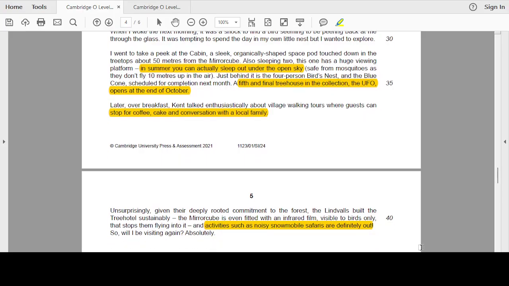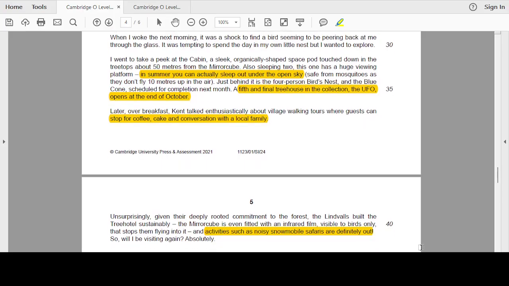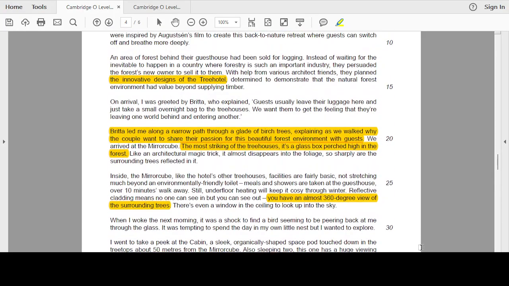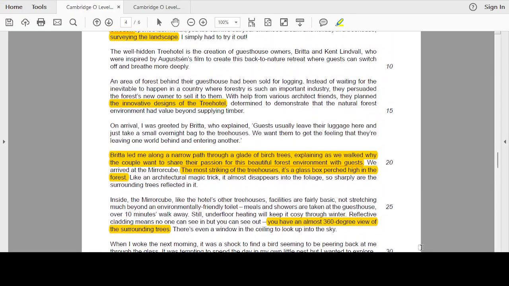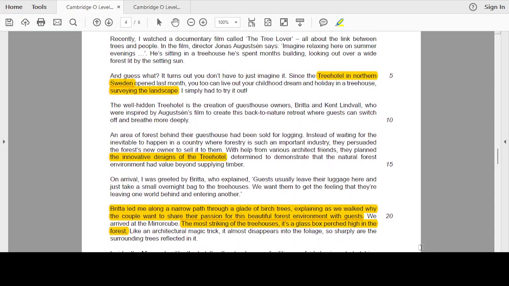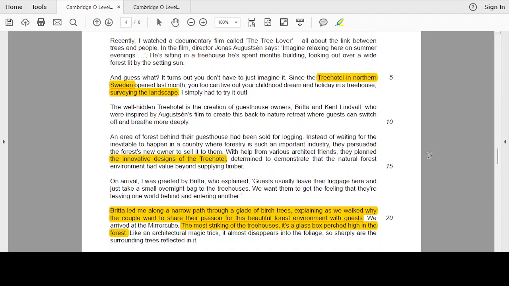Now, assuming we are done with this round, let's first of all see how many points we think we got. So we have one, two, three, four, five. Okay.